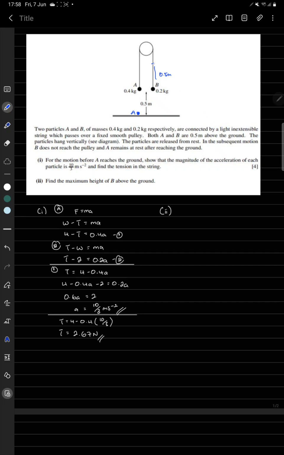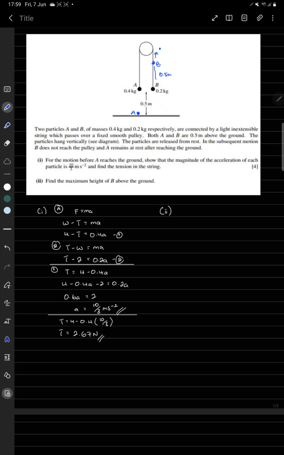So this is the new position for B. But do take note that when A is at the ground, B is no longer tied to A because A is now at rest. B is going to keep going up until it reaches a certain maximum point, which in this motion will be a free fall motion.